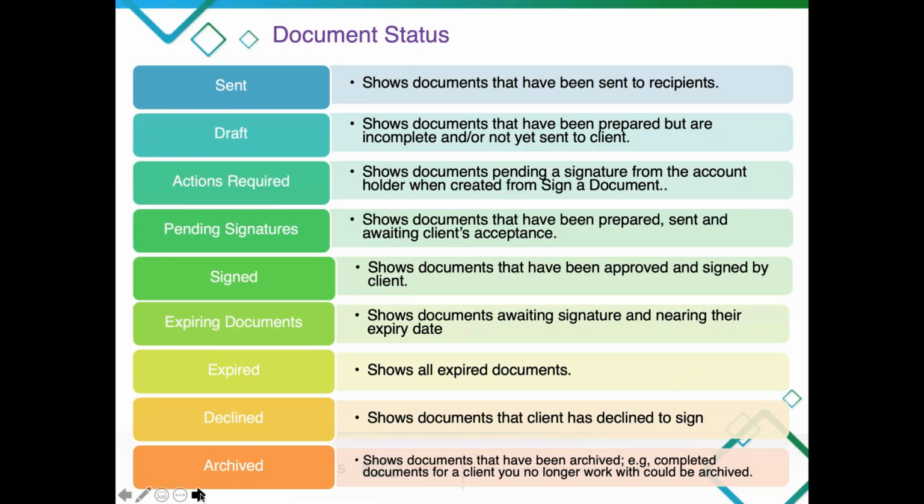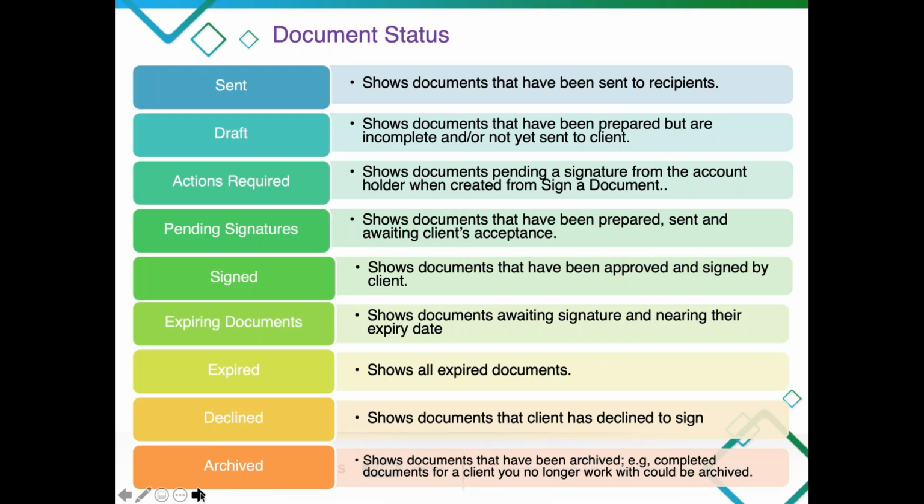The pending signatures, if it's signed, if you just want to look at all the documents that have been signed. So again, perhaps, the first thing in the morning, you might go in there and look at all of those signed documents so that you know perhaps some of the work that you've got to do that day. Looking at expiring documents, again, to remind clients: you haven't signed this. Is there something that we need to do? Is there something wrong? Or could you just, please sign it and send it back?